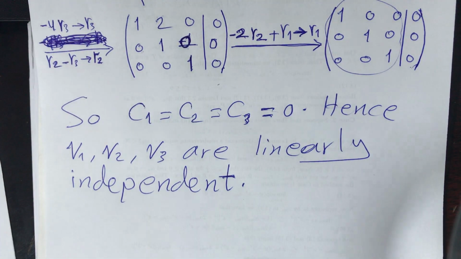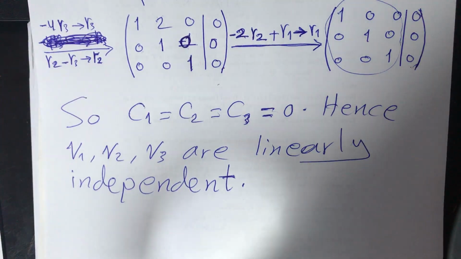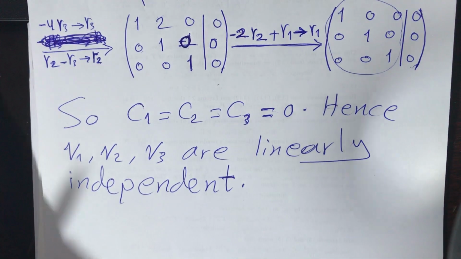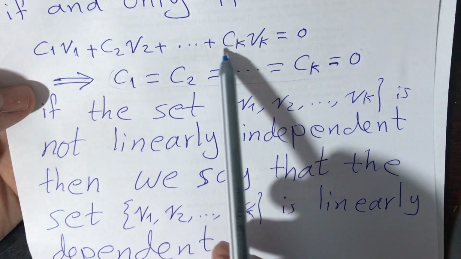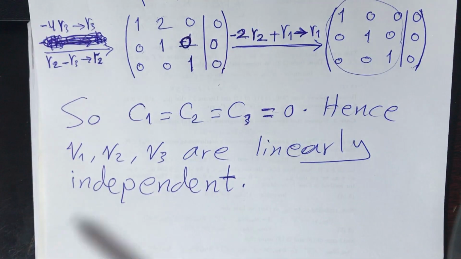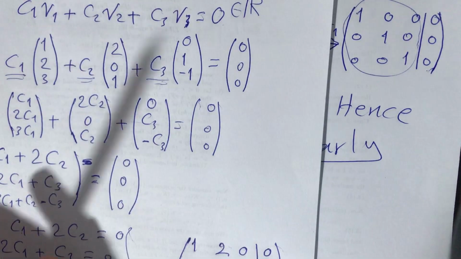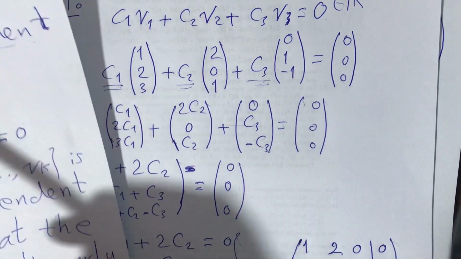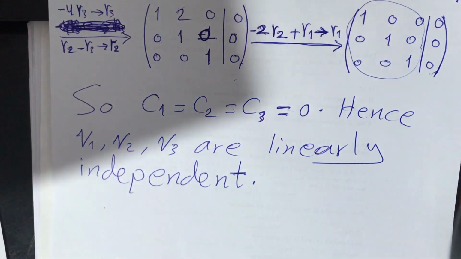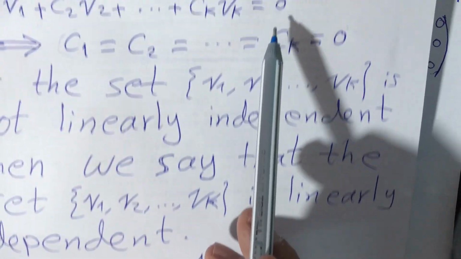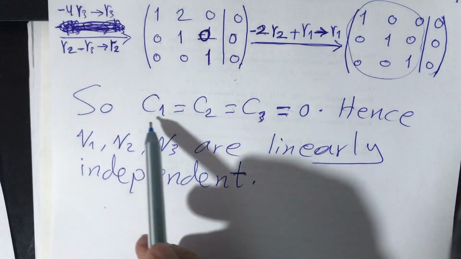Because by definition, if we get all of C's 0, this is the definition, we take a linear combination of C1 V1, C2 V2, C3 V3, and make equality with 0, and after that we get C1 equals C2 equals CK, all of them equal to 0.